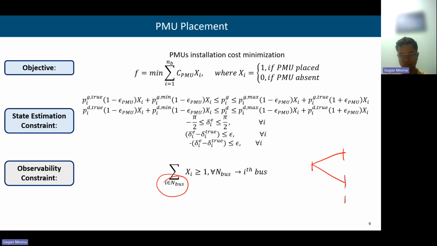And bus 1 is connected to these three buses. And you want this bus to be observable. And there is an associated PMU in each of the buses.